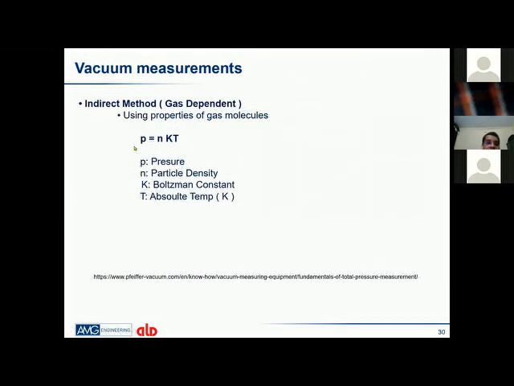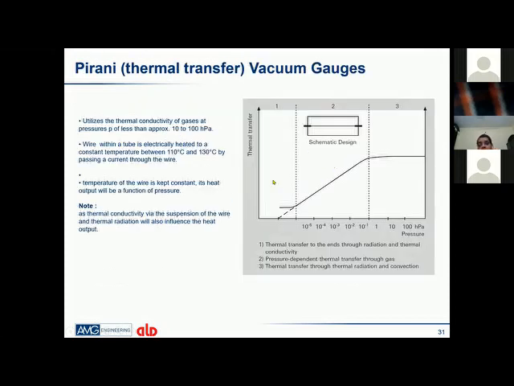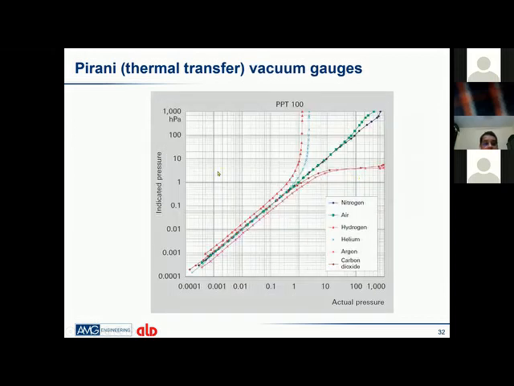So you can see the pressure is directly correlated with the temperature in this case, and this is used to measure the vacuum level from approximately 10⁻¹ to 10⁻⁵. But since thermal conductivity is involved, there is also heat dissipation and heat loss, so there is an accuracy level defined for these gauges, which you'll see in a different slide.